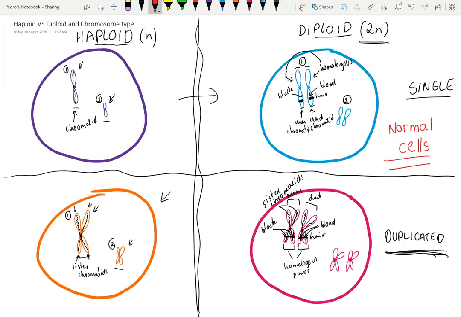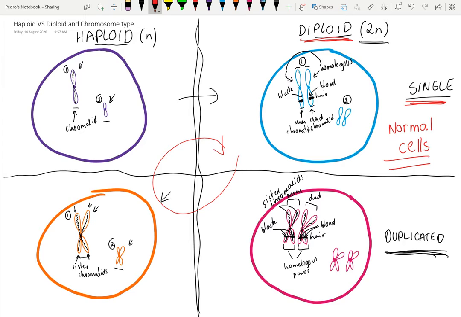So most of the cells in your bodies are diploid, so they have two sets of chromosomes, but those chromosomes are all single-stranded, okay? What happens when we go from mitosis and meiosis is we actually have a moving around between these four types of cells, okay?